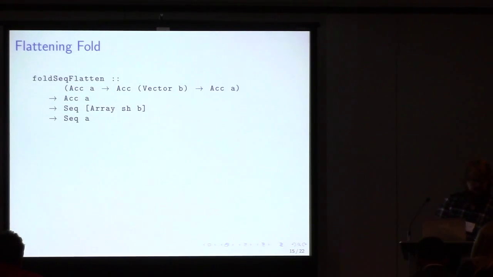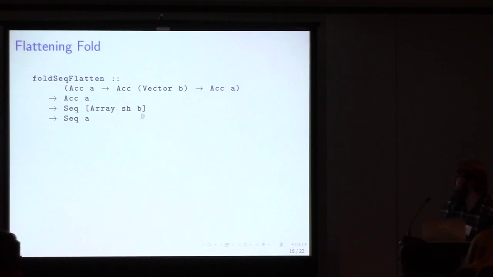Okay, this folding function, foldSeqFlatten, is how we implement folds. And this is our primitive for folding, our only primitive. It is designed to be agnostic as to how many elements you try to fold at a time. This is basically just a foldl function. It will be executed sequentially.